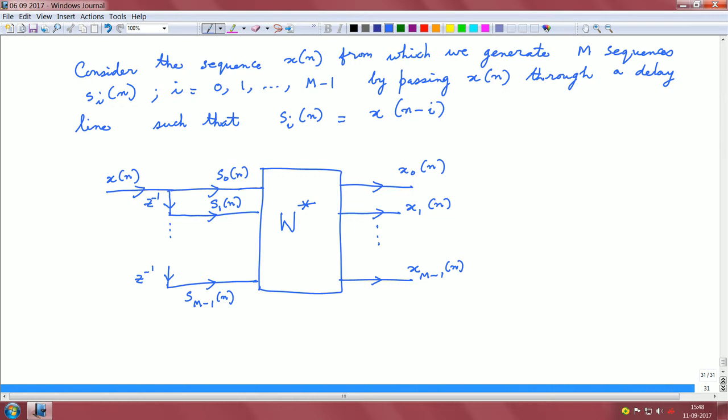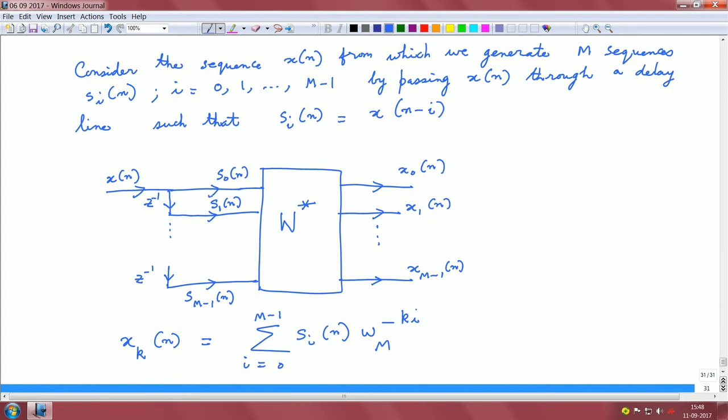Now it is pretty straightforward for us to link xk with these Si's. Xk of n is basically sum i equals 0 to m minus 1 Si of n Wm power minus ki, and note this factor minus because it is the conjugate, W conjugate, therefore this is what you have.